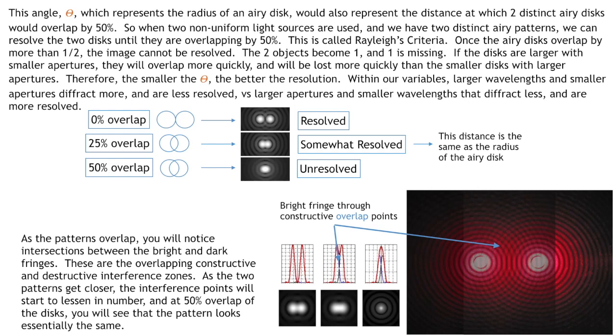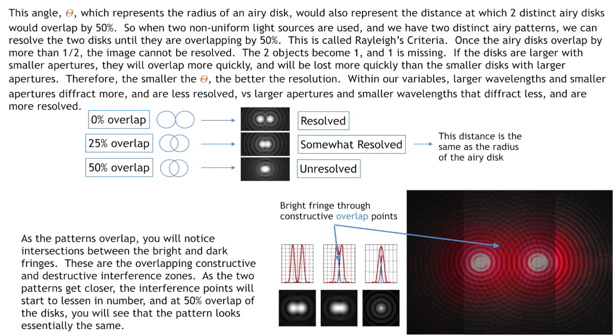Once the Airy disks overlap by more than half, the image cannot be resolved, and we'll see that here in a minute. The two objects become one, and one is missing. If the disks are larger with smaller apertures, they will overlap more quickly and will be lost more quickly than the smaller disks with larger apertures. Therefore, the smaller the angle, or the smaller theta, the better the resolution.